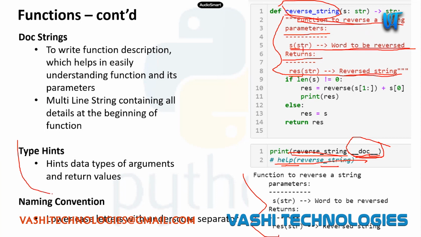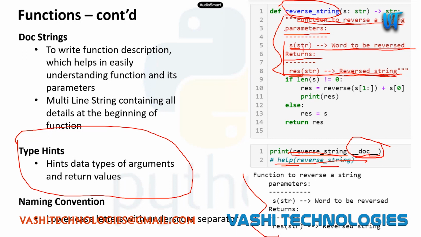And then we have type hinting. This type hinting is not mandatory, but it is good to know, because we are already covering this information in the docstring, right? Let's say if they don't have interest in going through the docstring and they need to understand what the types of input and return are, in such cases these type hints are useful.